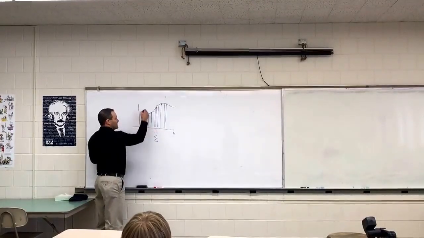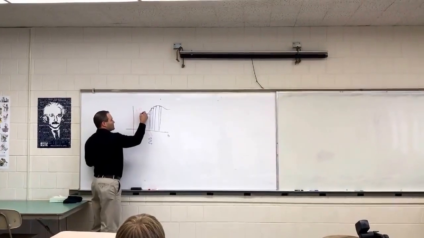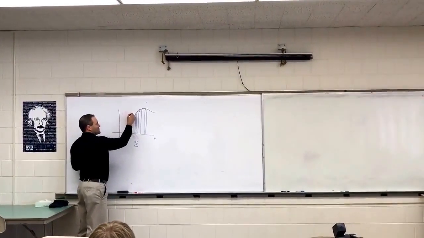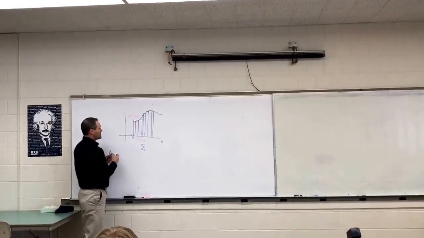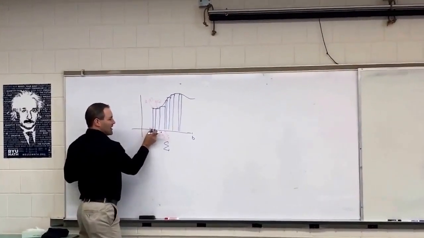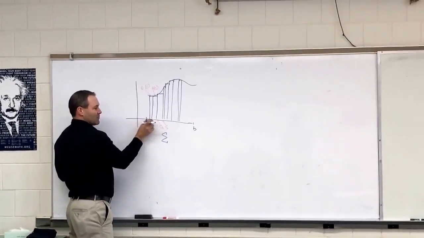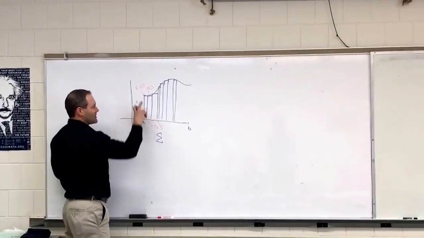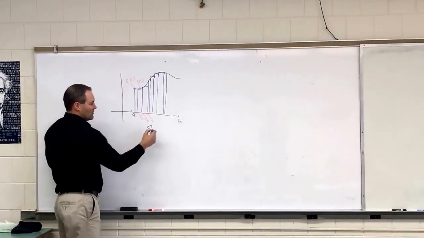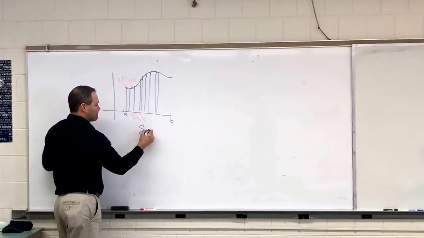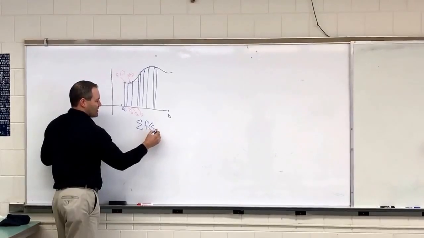This height would be f of C1, this height would be f of C2, and so on. Each individual rectangle is just your change in x, that's how far apart they are, from here to here is your change in x, or delta x, and the height is f of c sub k.